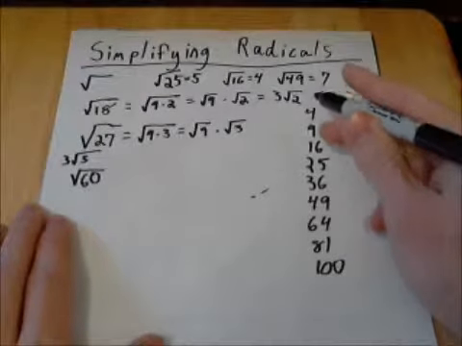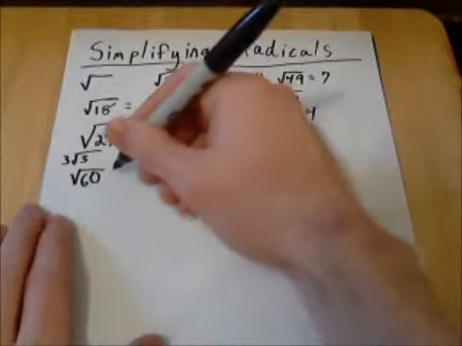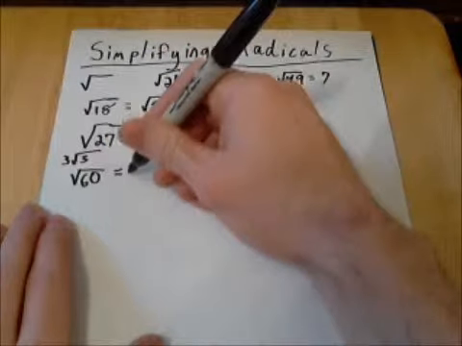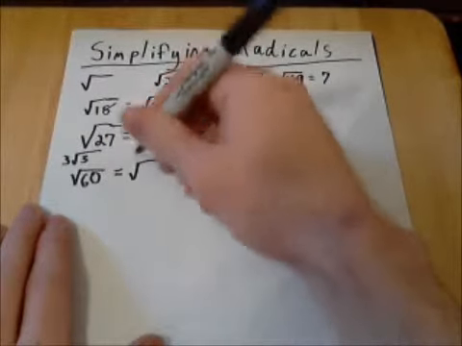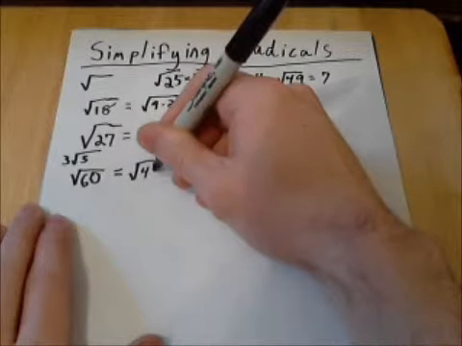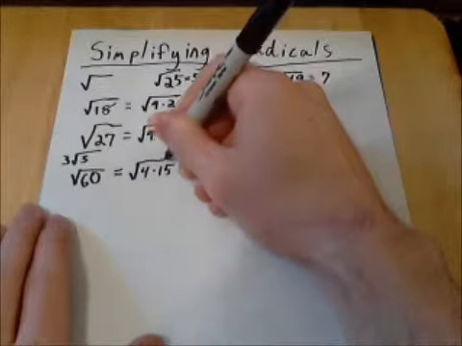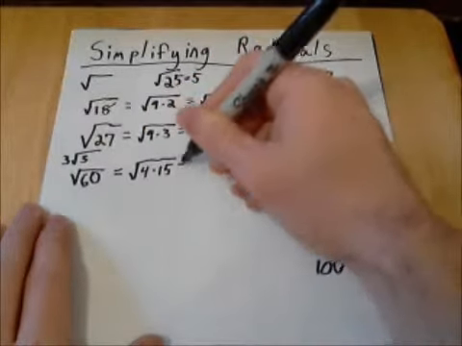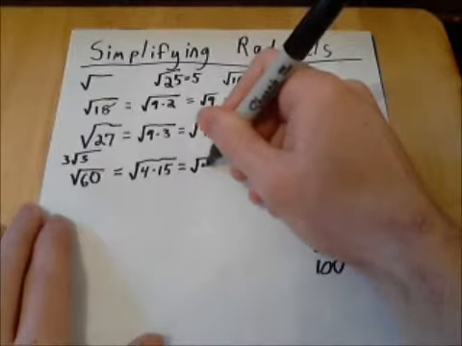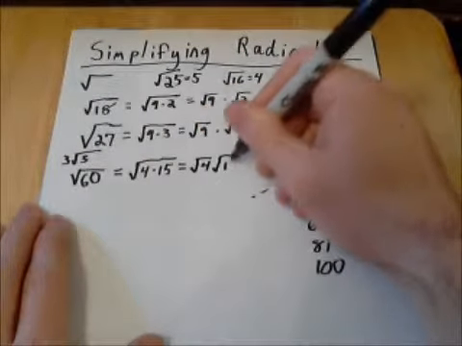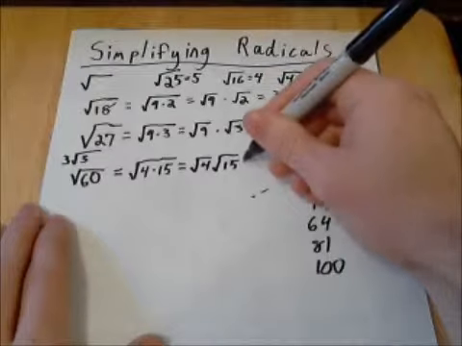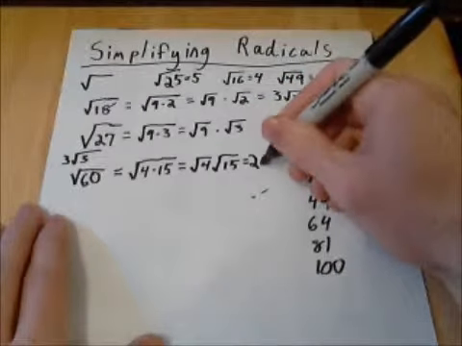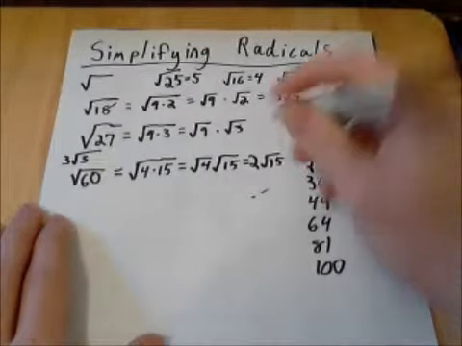However, 4 does. So 4 is actually the biggest perfect square that goes into 60. So we're going to rewrite this as the square root of 4 times 15, because 4 times 15 gives 60. And again, that's the square root of 4 times the square root of 15. The square root of 4 is equal to 2, so it's going to be 2 square root 15.